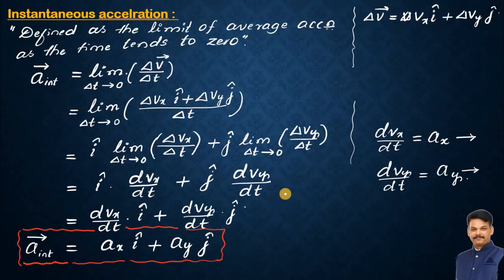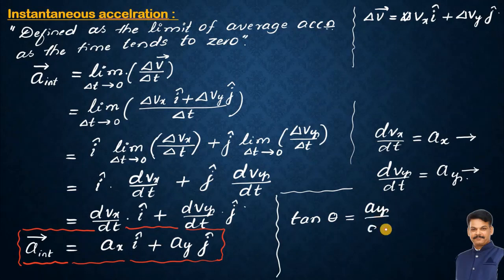And if this instantaneous acceleration is taken, its direction can be found with the help of one small equation, that is tan theta. What is theta here? If theta is the angle made by the instantaneous acceleration with respect to the x-axis, then tan theta can be represented as ay divided by ax.